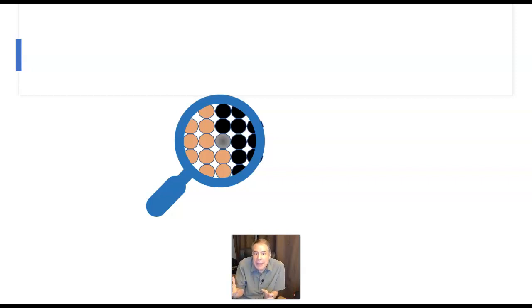If you make it black, it doesn't match the nearby orange pixels on one side. If you make it orange, it doesn't match those black pixels on the other side. So in this case, there is no limit. We would say the limit does not exist, because there is no one particular color that you can assign to the missing pixel that will make it fit in with all the other nearby pixels.